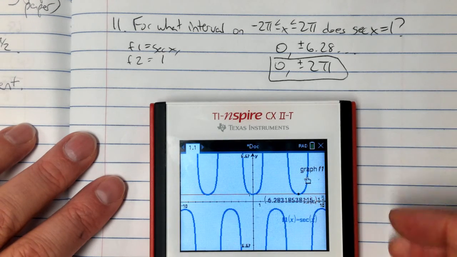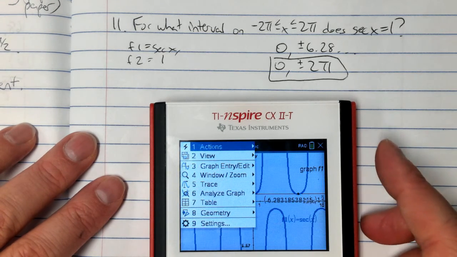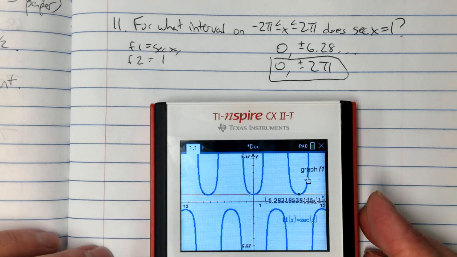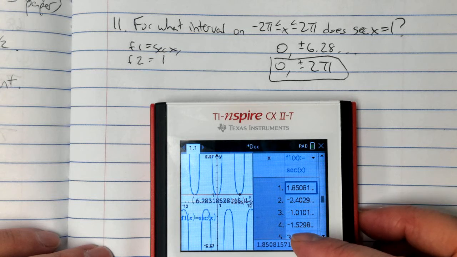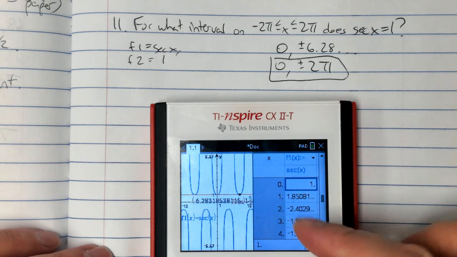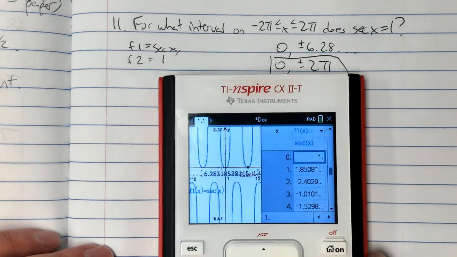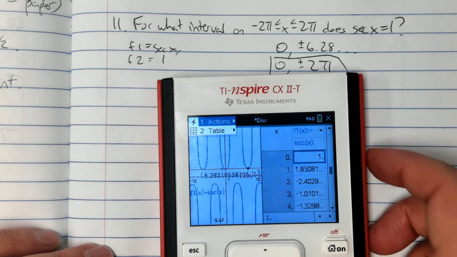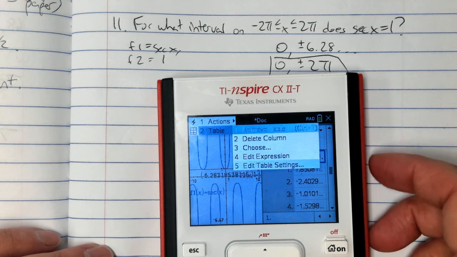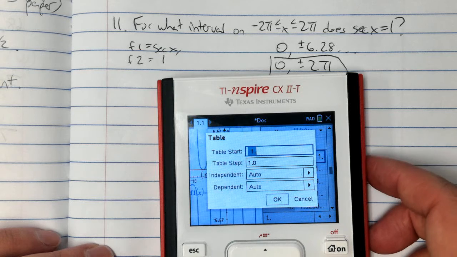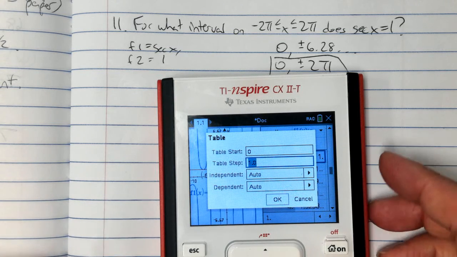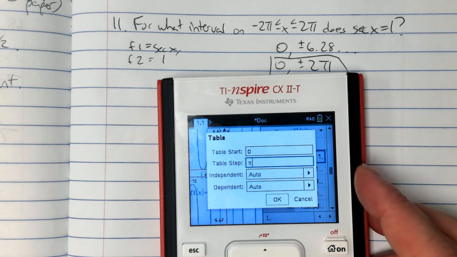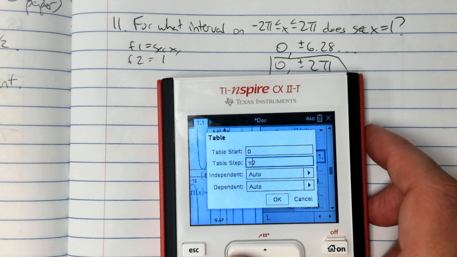And again, if you'd rather use your table, you can. You can do Control-T to get to your table. Now at this point, with all these decimals, it doesn't make sense, but if you go up to 0, it's 1. So you can go to your table settings and start at 0 and then step by pi halves, pi divided by 2.